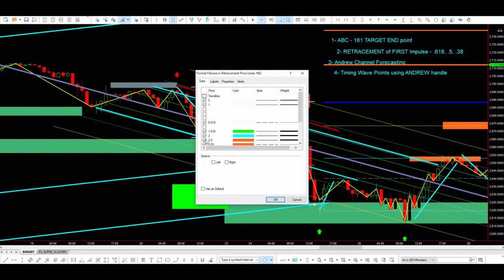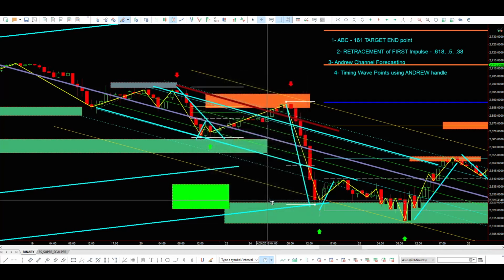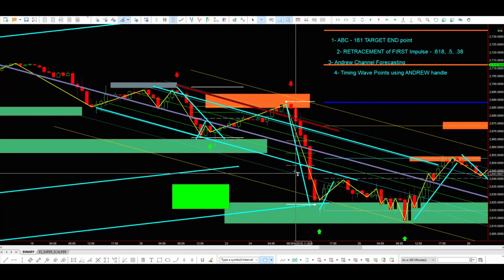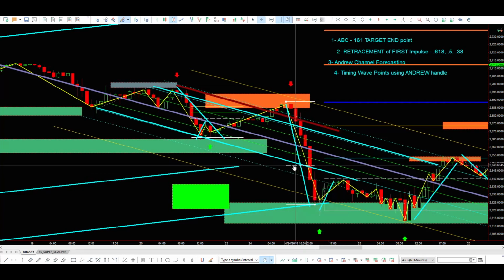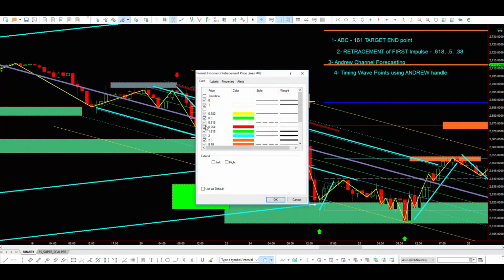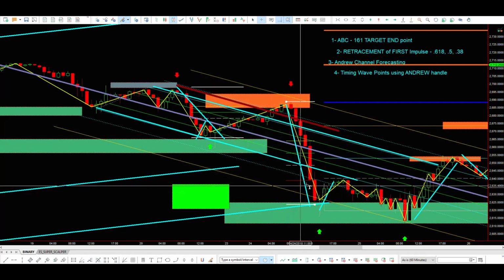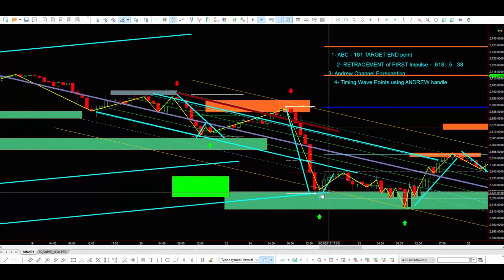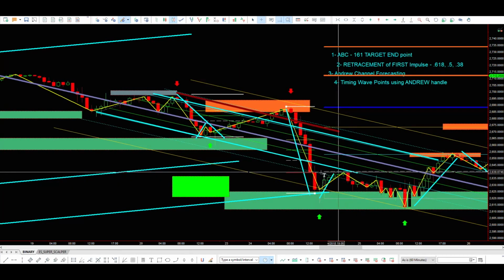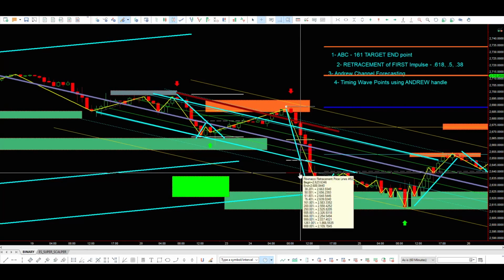I need to put the numbers here. So from here to here, the impulse, the red one, is 0.38, or not 0.38, sorry, 2.5.